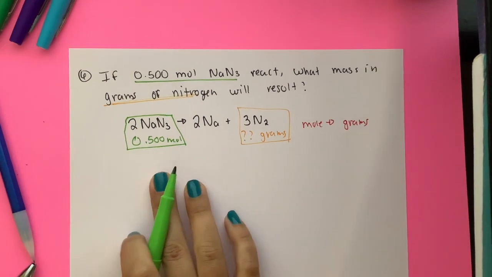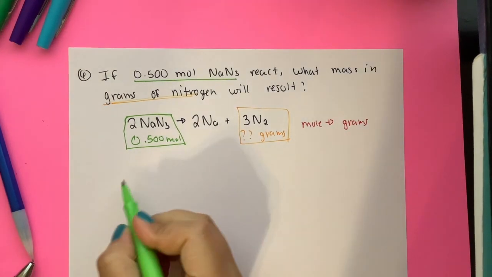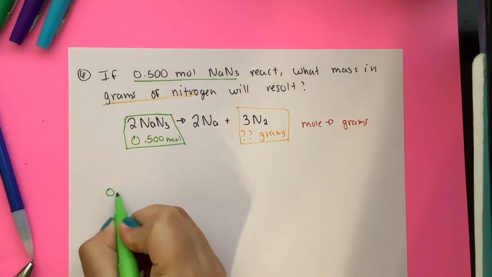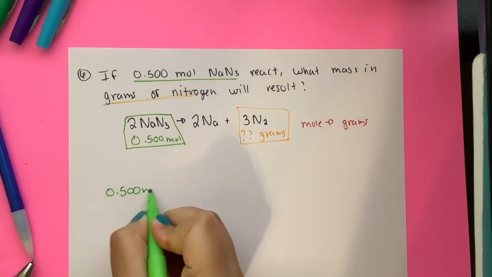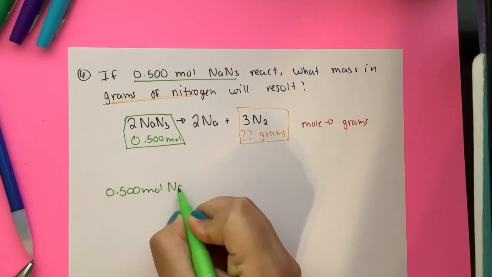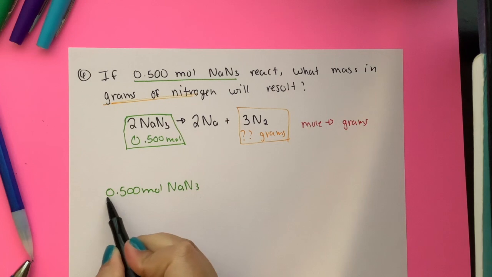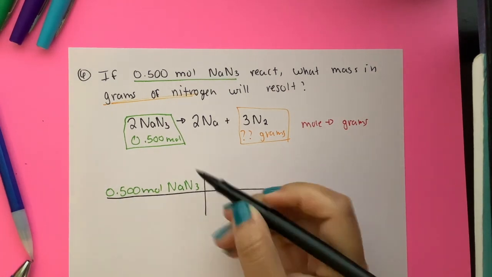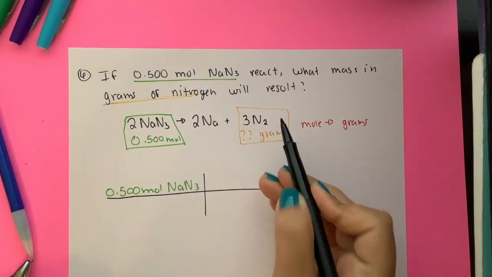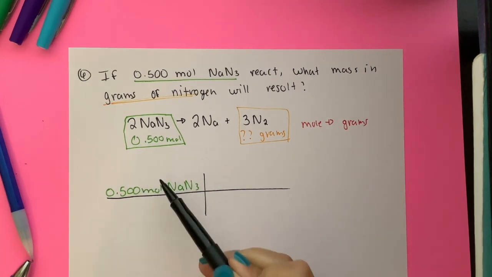Remember, the first thing I'm going to do is start with the number that was given to us. Moles of NaN3. Okay. Remember that I always need to use a mole ratio in order to jump from one compound to the next. But I need to be in moles, which I am right now.